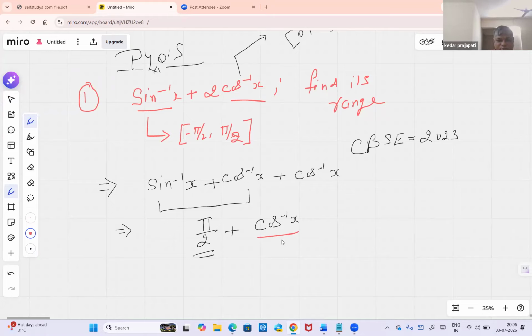So it is asking domain or range. It is asking range, right? What is its range? Its range is 0 to pi. So I'll take this equation as 1, and I will try to find the range of this.